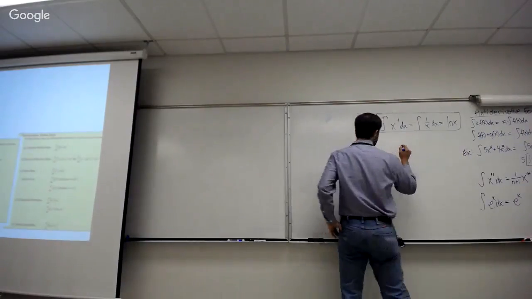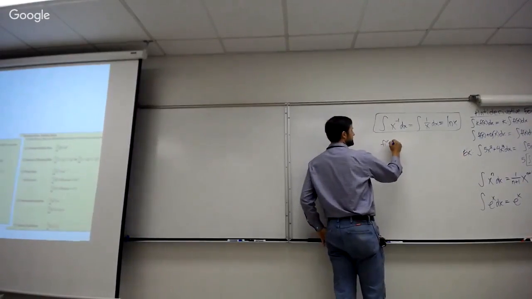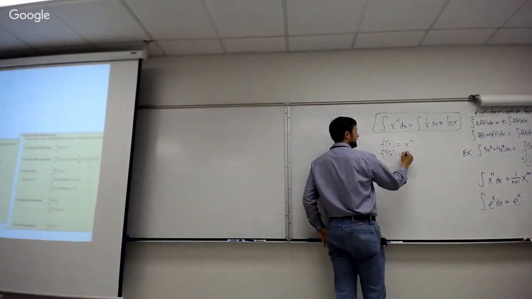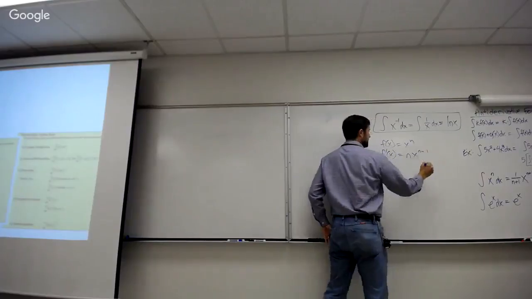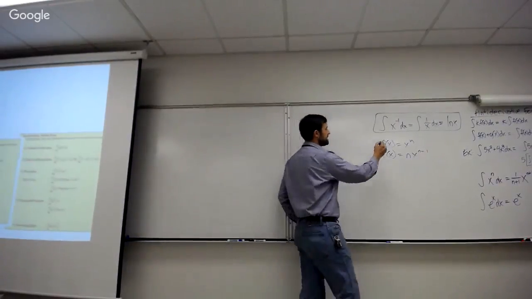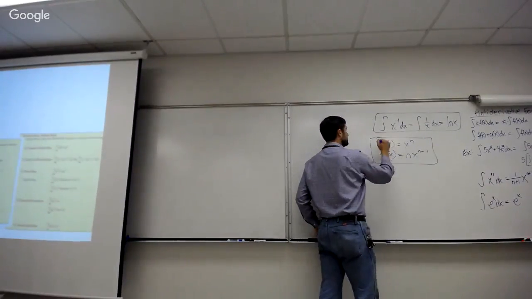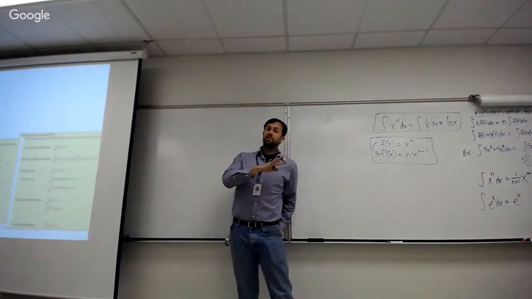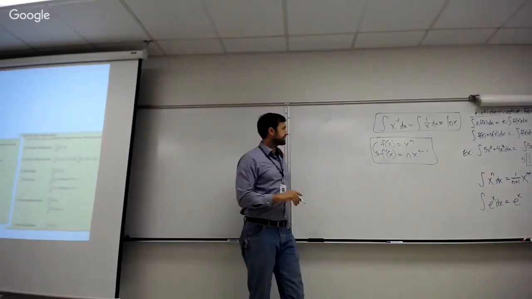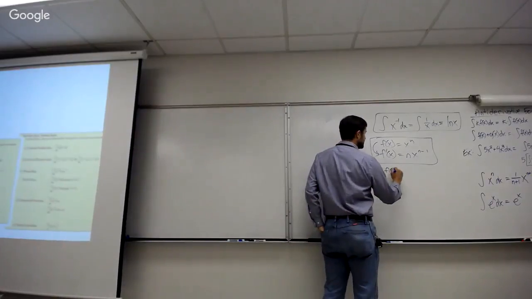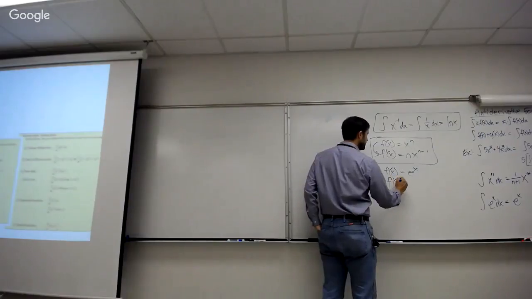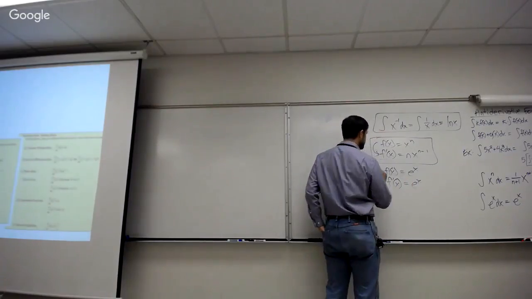So let's go ahead and do it right now. If I have f of x equals x to the n, then my derivative of that is nx to the n minus 1. Right? So put that in your notes, just to remind yourself that you still remember how to do the derivative. Or if f of x is e to the x, then f prime of x is also e to the x.